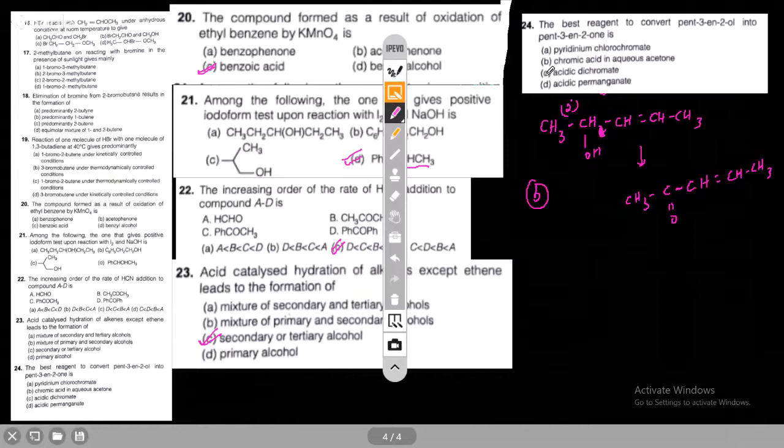Now you see one thing. First of all, options C and D will affect the double bond also. That's the first thing. So we have to preserve that double bond. Correct. And for that we have PCC and chromic acid. But since it is a secondary alcohol, we cannot use PCC over here. That's why we are using chromic acid.